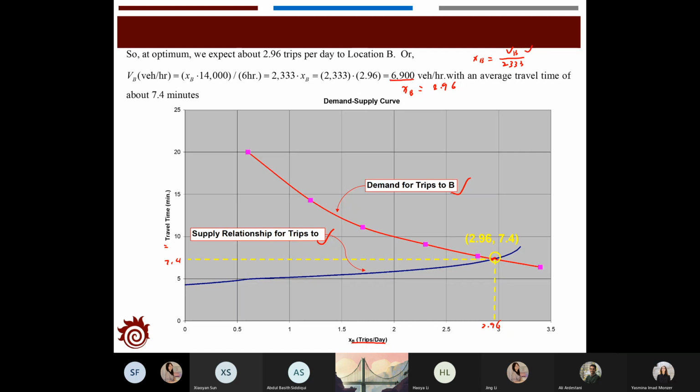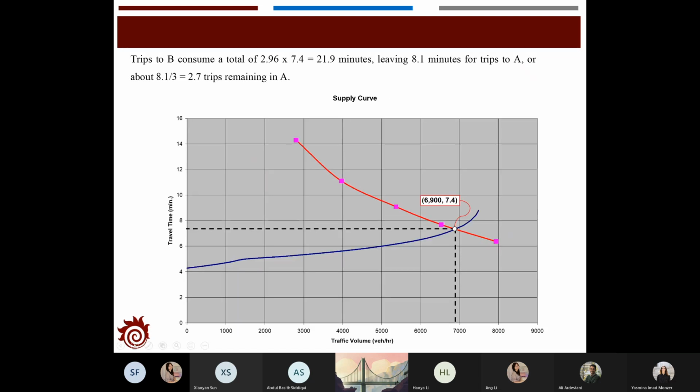That is 69,000 vehicle per hour. And for the trip B, the total number of the time they're gonna take is 2.96 times 7.4 minutes. That's the total time they're going to spend for this activity.